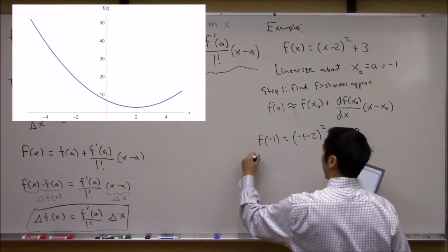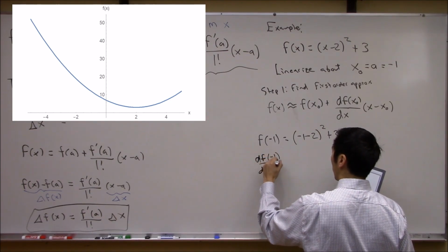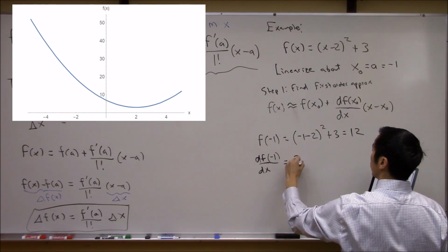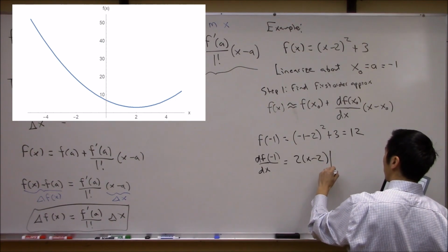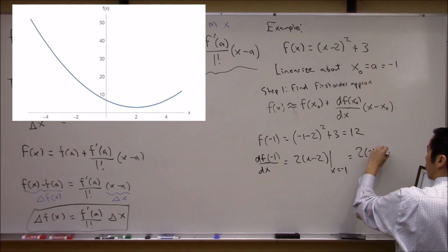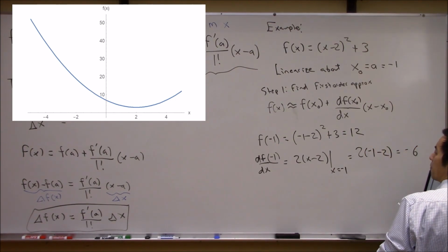And then I need to compute this term right here. I need to get df dx and then evaluate it at minus 1, okay? So what is df dx? So I have to take the derivative of that thing, so it's 2x minus 2, something like that, right? And then evaluate this thing at x is equal to minus 1, so it's 2 times minus 1 minus 2, what is this, minus 6? Yeah. Okay, great.